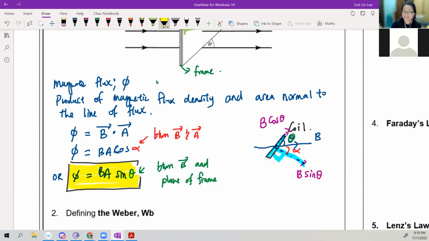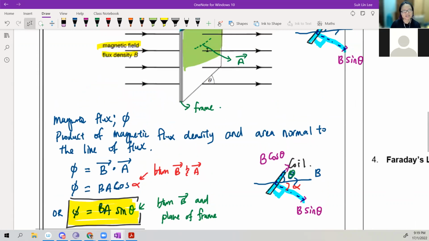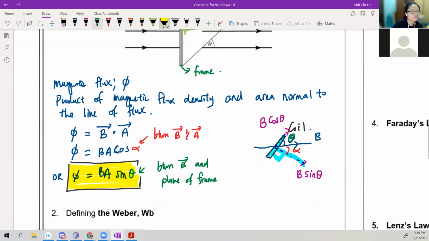We'll take the part that is 90 degrees. By the way, where is vector A? Vector A is 90 degrees to the plane of the coil. So if you want, I will draw A here for you. This is vector A. For those of you who do maths, vector A is defined as the unit vector perpendicular to the surface area of a coil multiplied by the magnitude of the area.